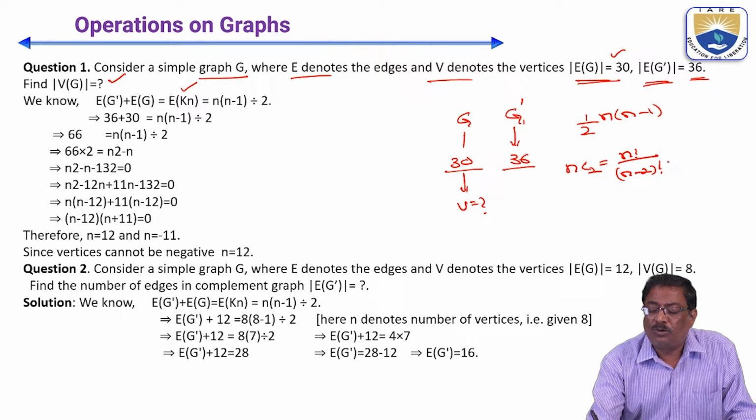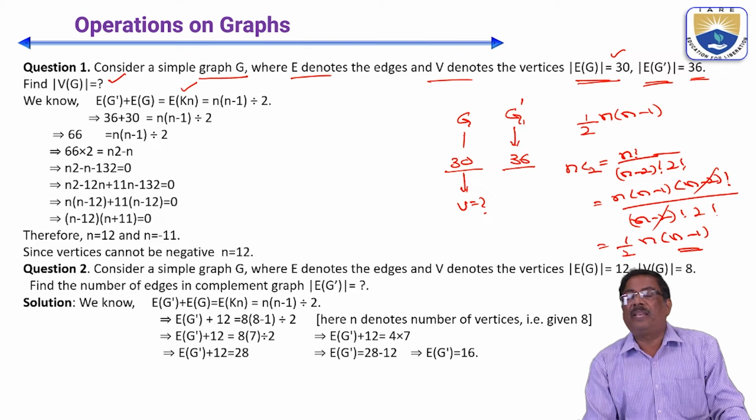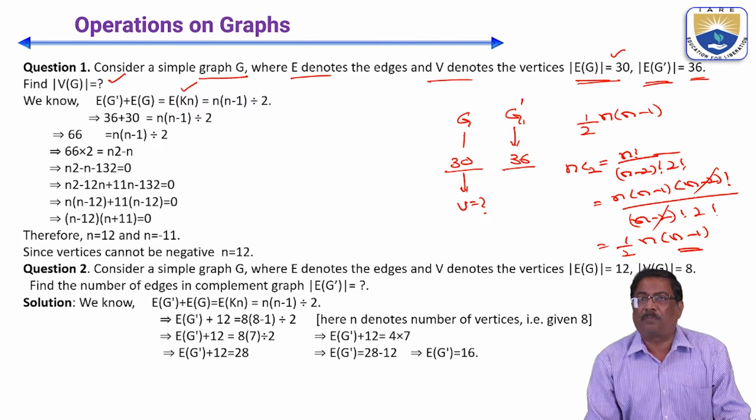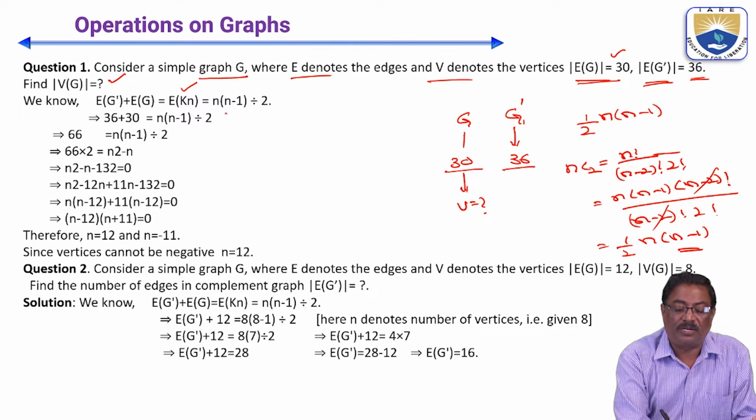This is n into n minus 1 into n minus 2 factorial by n minus 2 factorial into 2 factorial. These get cancelled, so we get 1 by 2 n into n minus 1. So these many edges are possible in a complete graph with n vertices.